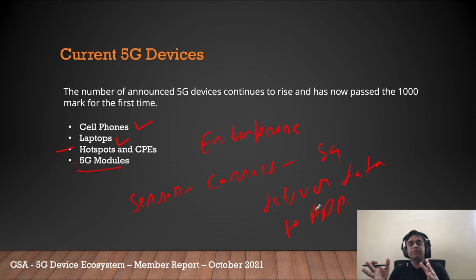And that app is having some business critical insight that this enterprise is using. So the modules that we have in those sensors are actually communicating with the 5G.